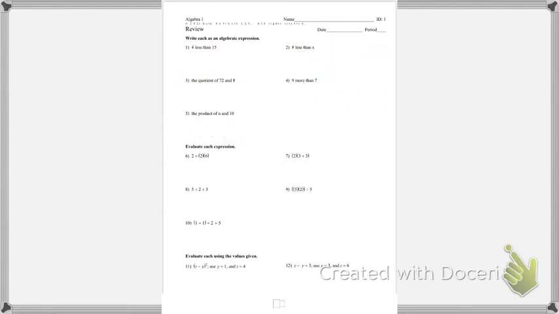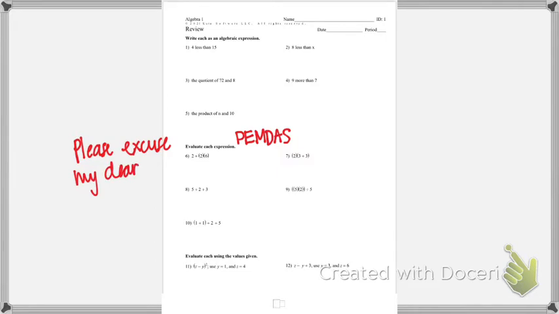All right, next on number 6 through 10, we are doing some order of operations. So I want you to write on your paper P, E, M, D, A, S. And I know that you all remember that as please, excuse, my dear, Aunt Sally.